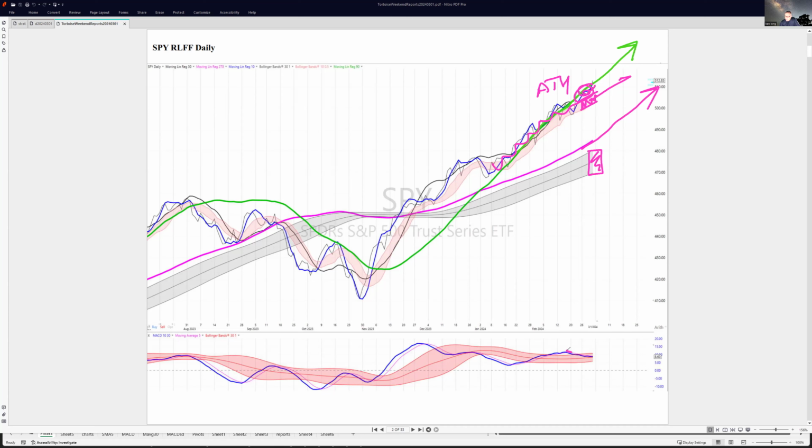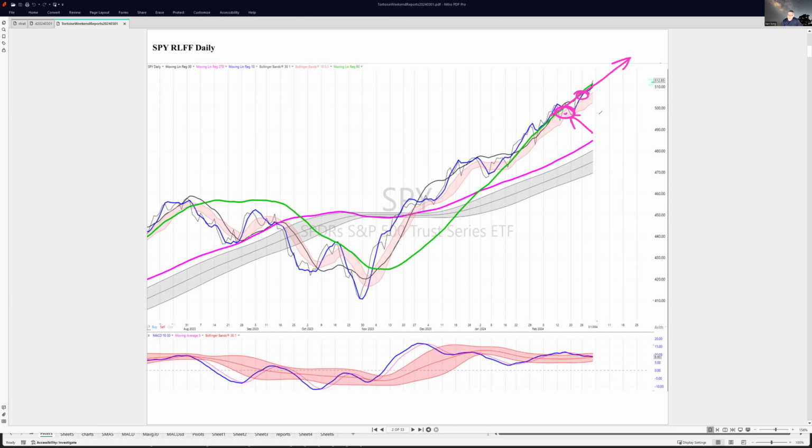We have just gone through a period of fall, so there's another summer leg very possible next week because it held off the fearful selling. There was a little bit of fear-induced selling here and in here, and it shook it off and kept going.